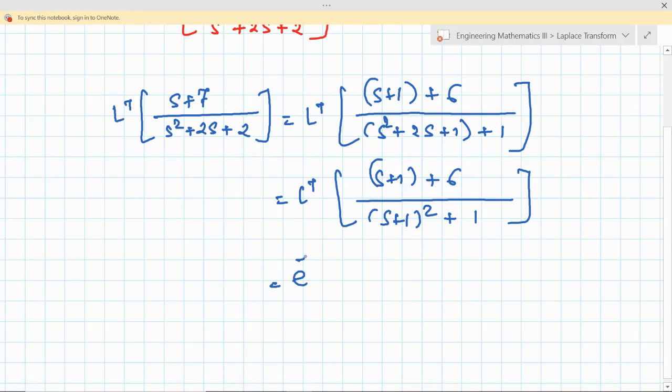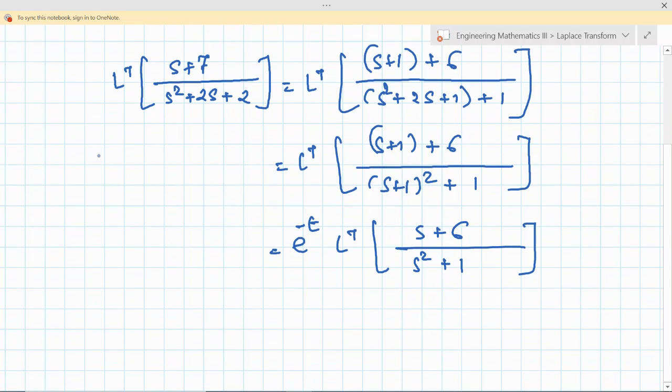So e raised to minus t, because a is nothing but 1, inverse Laplace of s plus 6 divided by s square plus 1. It is just like we have seen before, using the first shifting theorem.